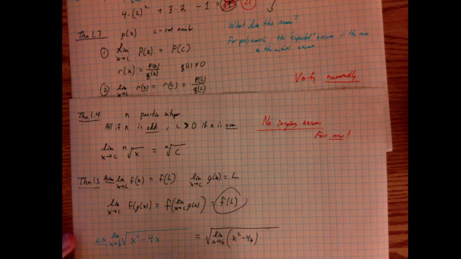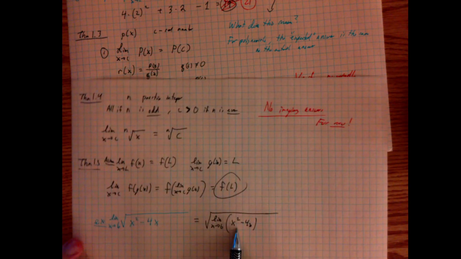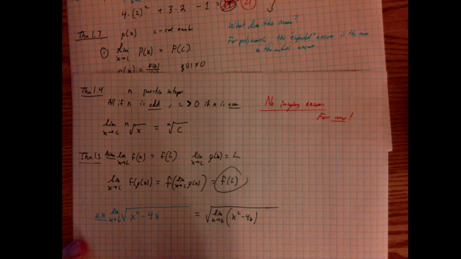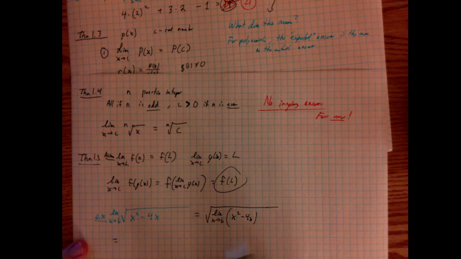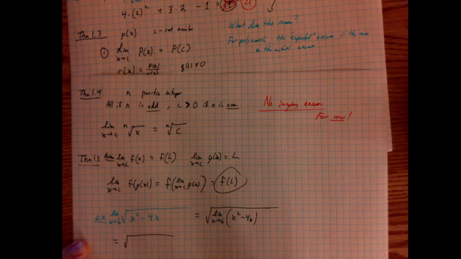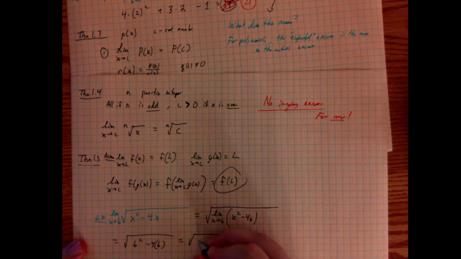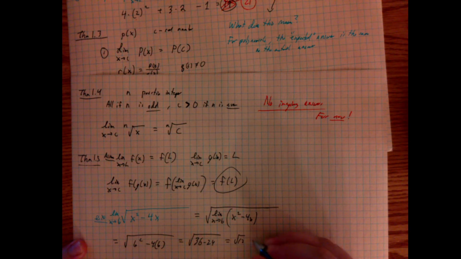So I can take that limit that was on the outside and rewrite it as being on the inside. And this one on the inside is a polynomial. So I can use the polynomial function in order to just basically plug in 6. This becomes the square root of 6 squared minus 4 times 6. 6 squared is 36 minus 24. So this becomes the square root of 12, or 2 square root of 3.